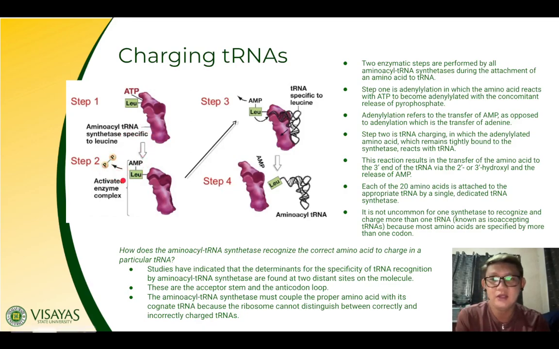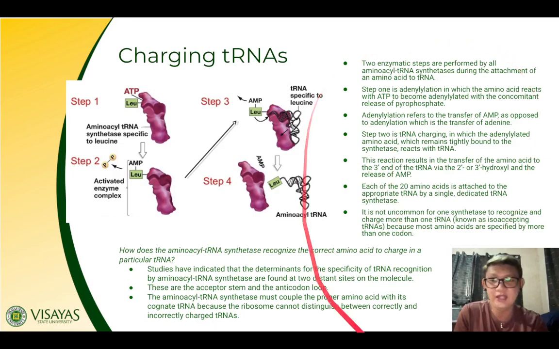Adenylation refers to the transfer of AMP, as opposed to adenylation, which is the transfer of adenine. Step 2, you can read through the process of the charging of the tRNAs as detailed here.